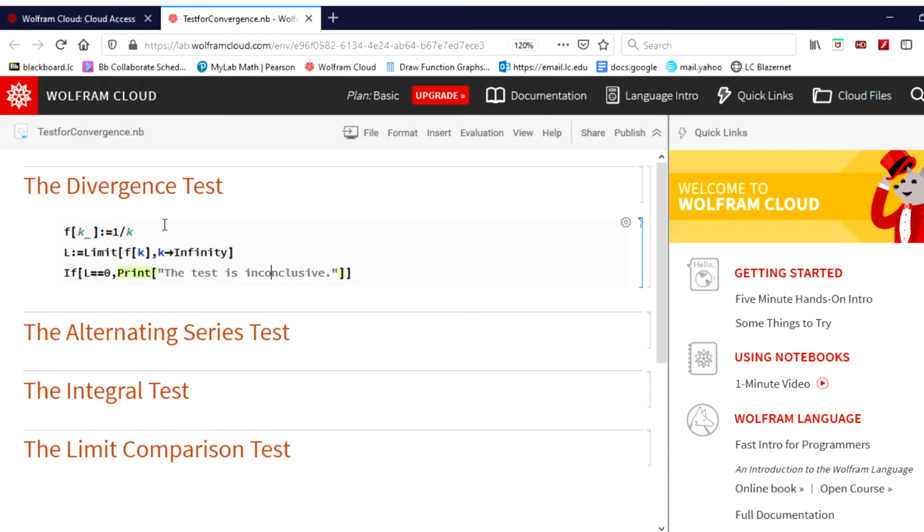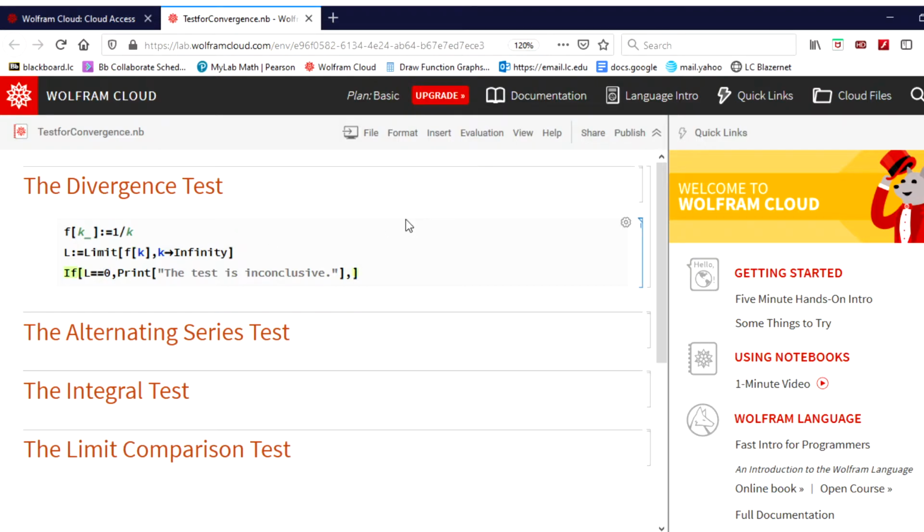If you happen to calculate this value of L in the divergence test and it equals 0, that is going to print that out when that is a true statement. When this condition is true, the program for Mathematica is going to print out the test as inconclusive, because that is the result that happens when this limit is 0 in the divergence test.